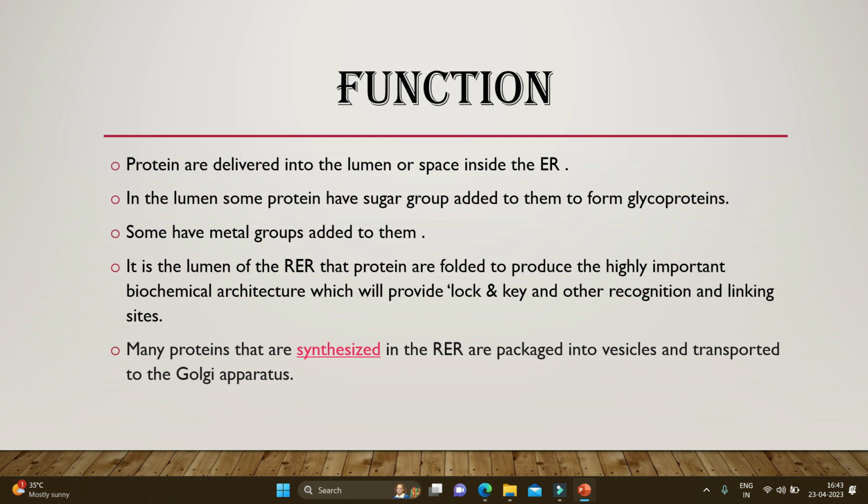In the lumen, some proteins have sugar groups added to them to form glycoproteins. Some have metal groups added to them. It is in the lumen of the rough endoplasmic reticulum that proteins are folded to produce the highly compact biochemical architecture which will provide lock and key and other recognition and linking sites.